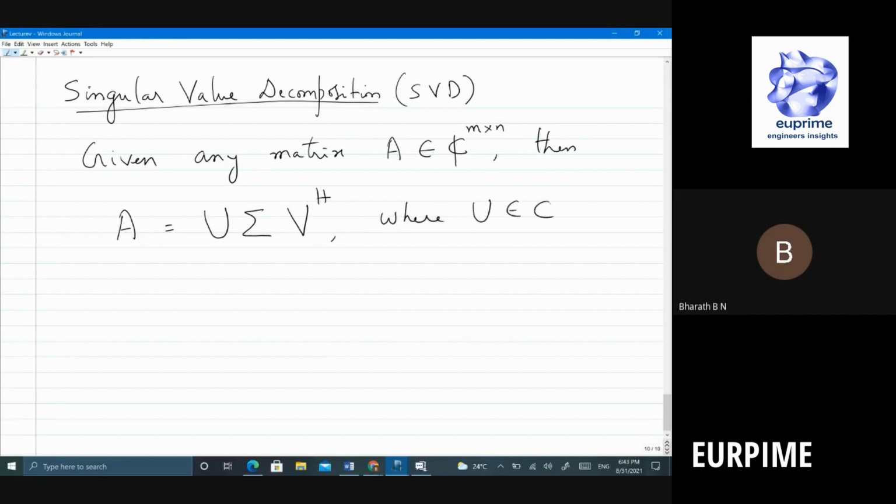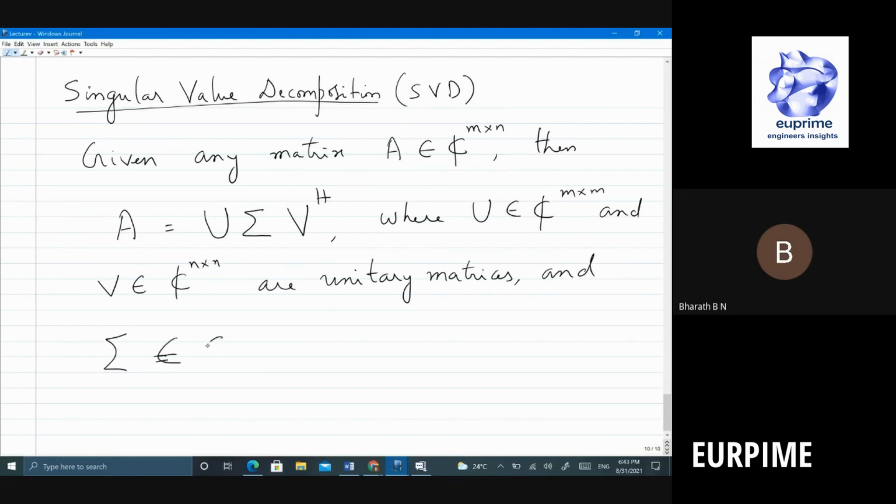U is m cross m and V is n cross n, Hermitian symmetric or unitary matrices, and sigma is like this. So sigma is not a square matrix in general.